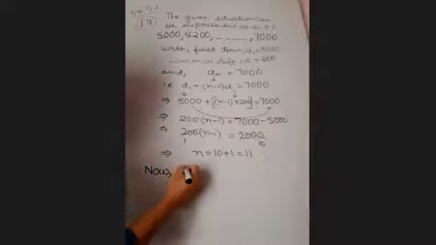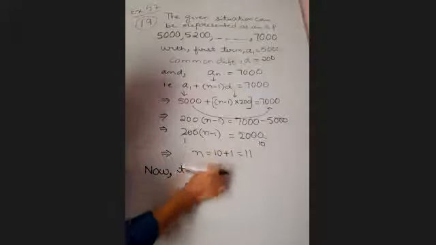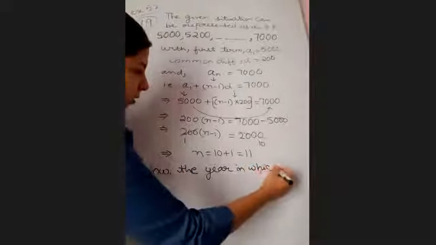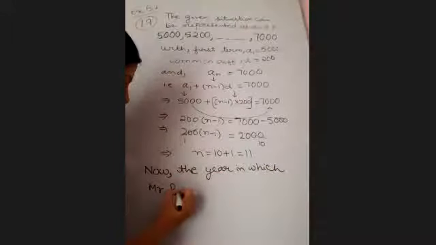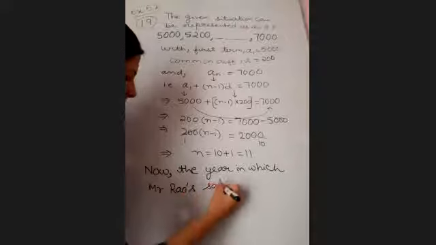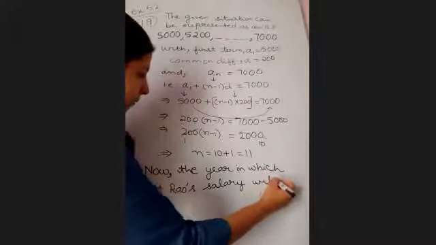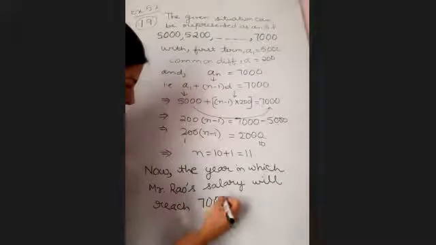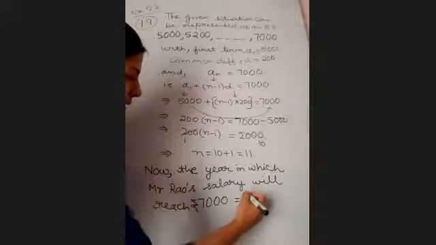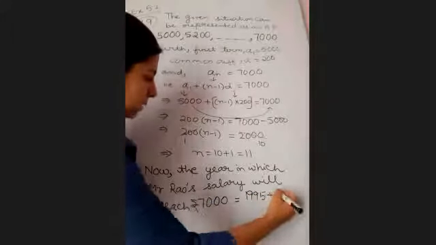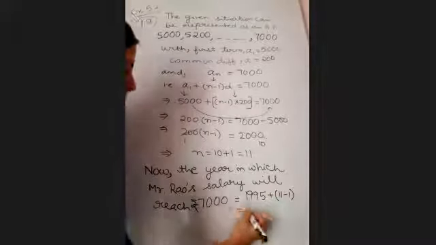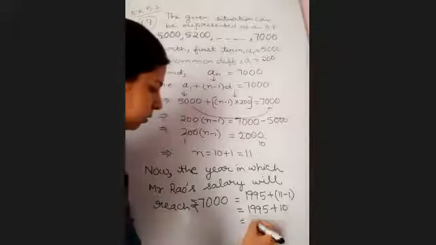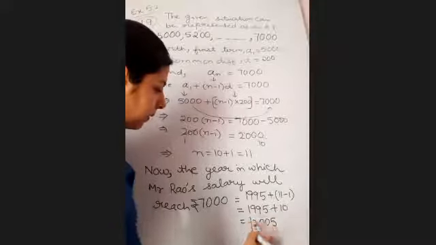So the year in which Mr. Rao's salary will reach rupees 7,000 is equal to 1995 plus 11 minus 1, in the bracket. So 1995 plus 10, which is equal to 2005. Clear?